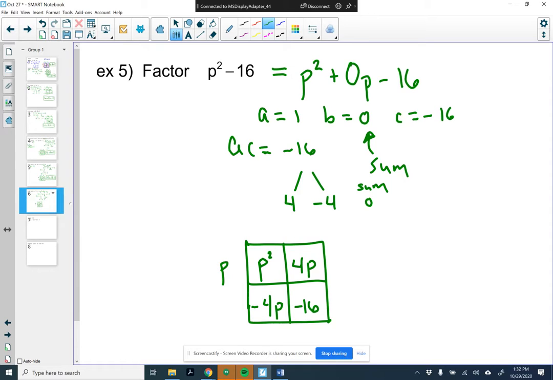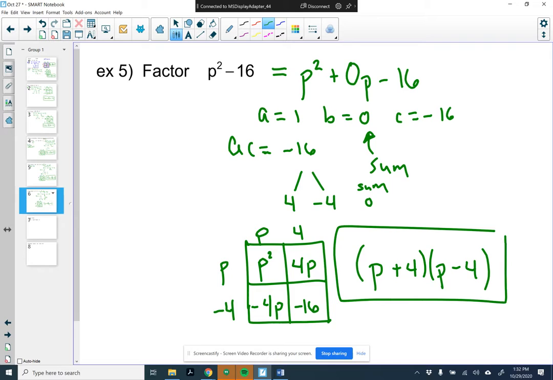Greatest common factor for the top row, for the bottom row, for the first column, for the second column. And our answer is p plus 4 times p minus 4. We didn't have anything that we pulled out at the beginning, so we've got it.